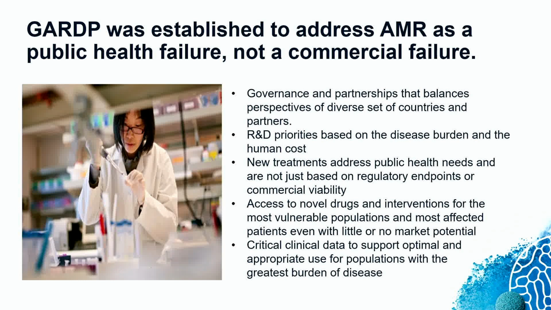So we work to a disease area strategy. And again, reinforcing, we are working on addressing public health needs and access to novel drugs and providing the critical clinical data to support the use of new treatments and old treatments, which we've just alluded to a minute ago, where there's the greatest burden of disease.